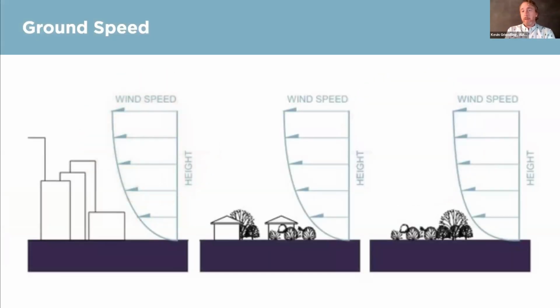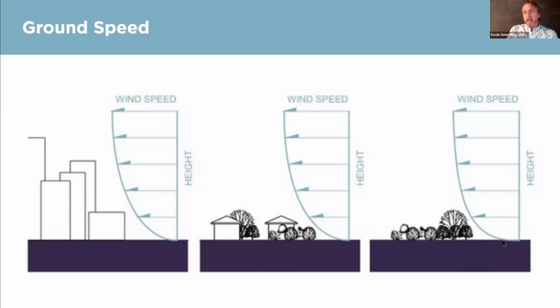First off, let's talk a little bit about ground speed. Ground speed doesn't really change in terms of what is on the ground, but the wind speed does change relative to the height of the structures by a slight parabolic relationship, or I guess that would be a hyperbolic relationship. I haven't had math class in a long time, and I always get these backwards.